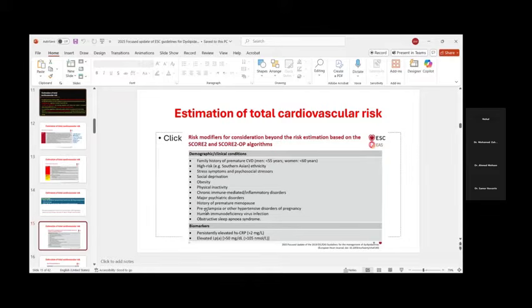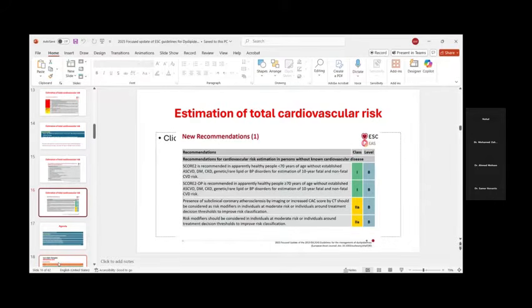For example, if we have a patient with moderate risk on these risk scores that we have mentioned in the previous slide, but he also has evidence of risk modifiers, then the risk will be upgraded from moderate risk to high risk. And the summary of these slides was clearly mentioned in the recommendations of the guidelines. We will pass this slide to save time.